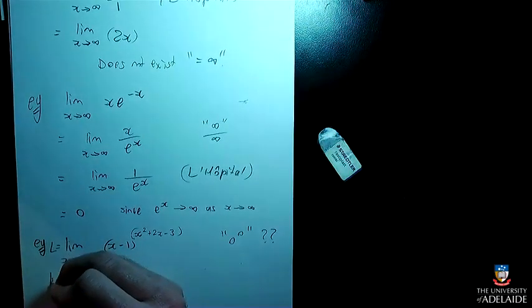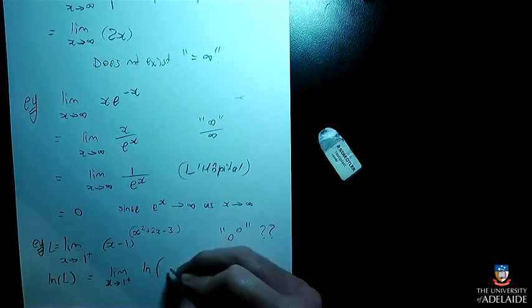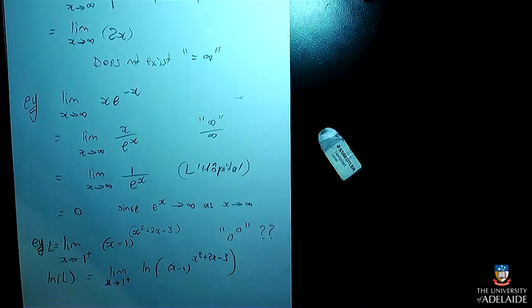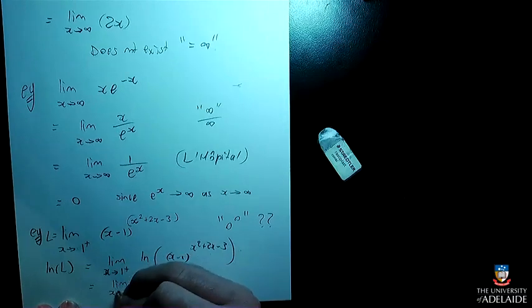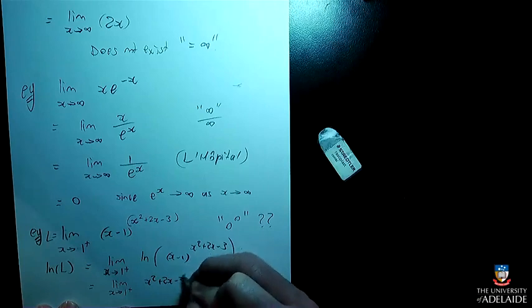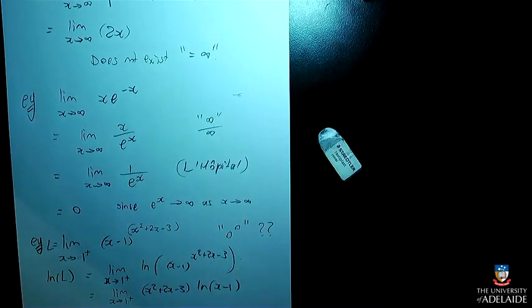So we'll do ln of L, which will be that. I can bring the limit in and out of the ln. And when you do powers, I get that, because powers can come down out of ln.